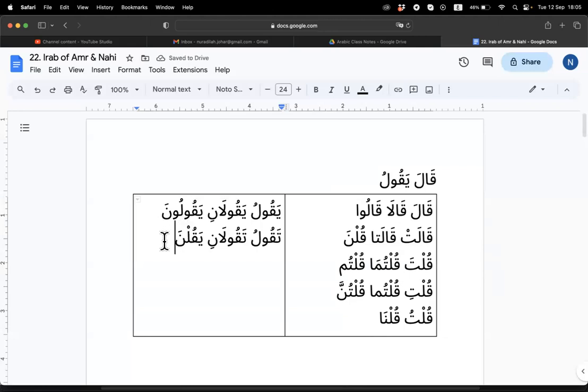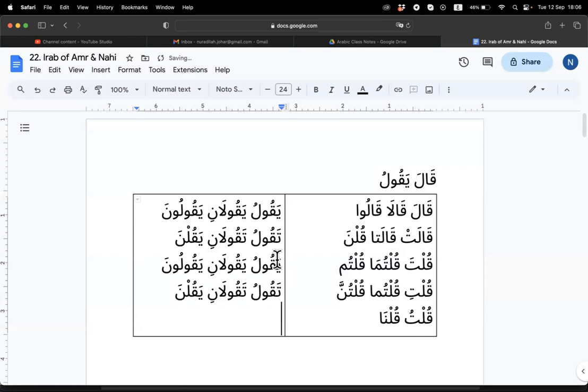And then anta. Huwa is yaqulu, ya with dhamma. Anta is taqulu. Just change ya to ta, right? Hiya and anta are the same: taqulu.